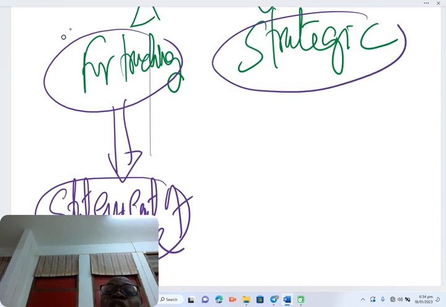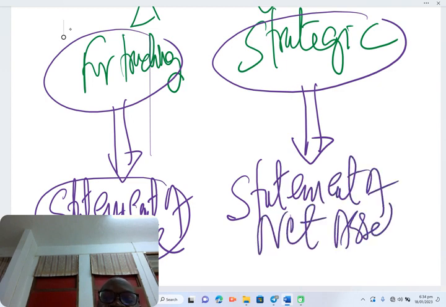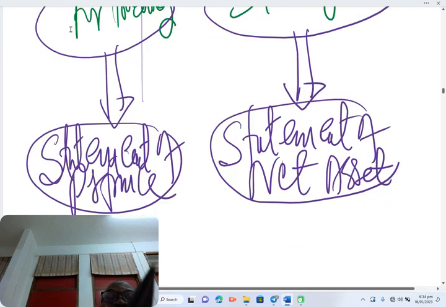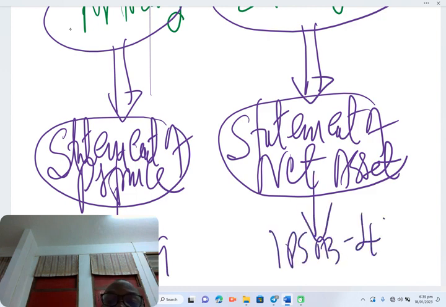If you hold shares for strategic reasons, its gain must be accounted in the statement of net asset. So the amendment has been added on accounting for shares held for strategic reasons. This one here is the same as in IPSAS 29. But this one specifically has been added for IPSAS 41.